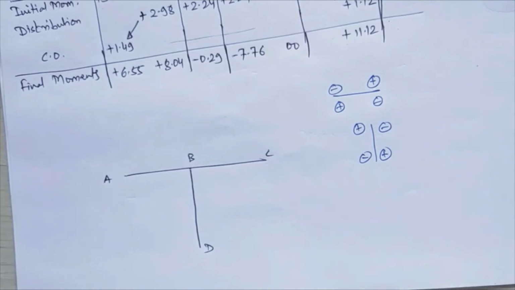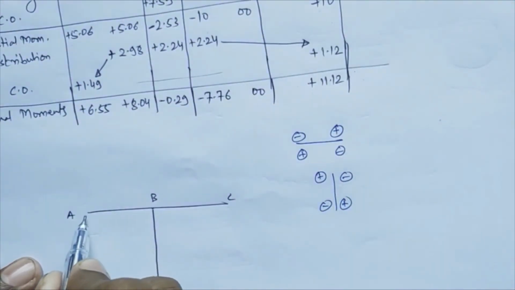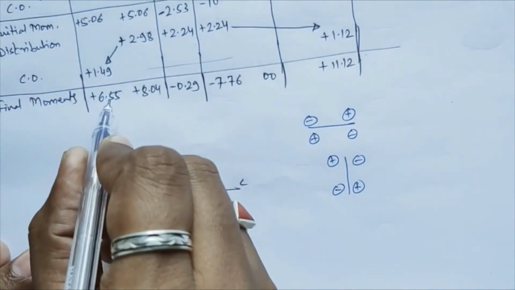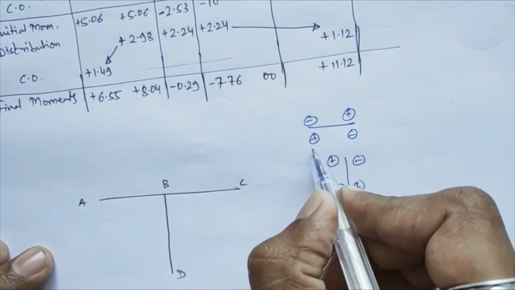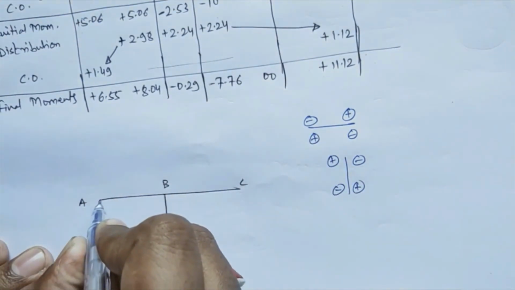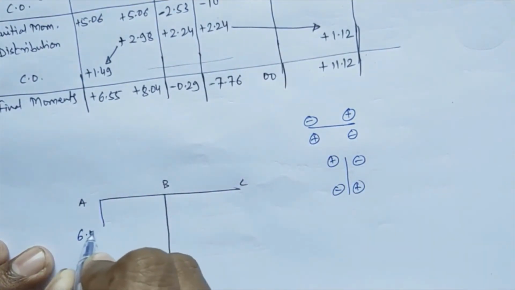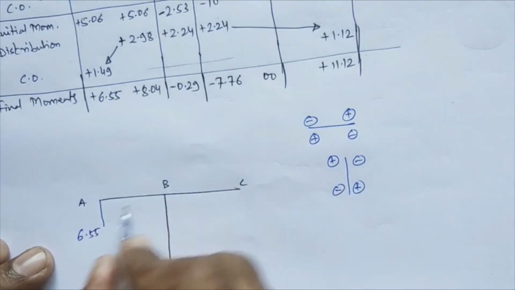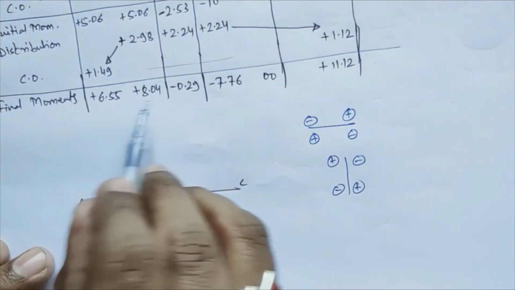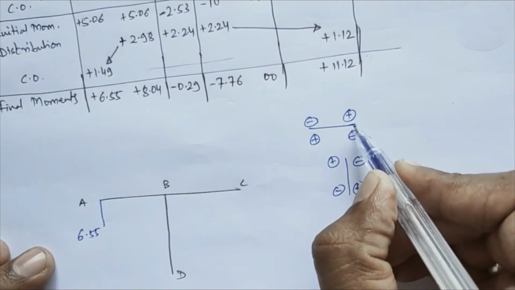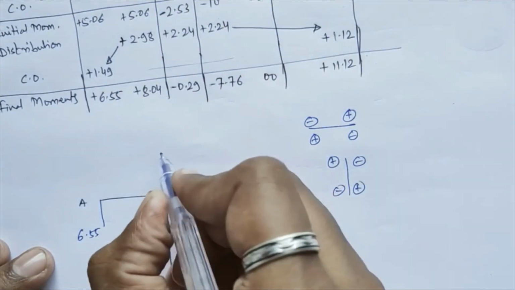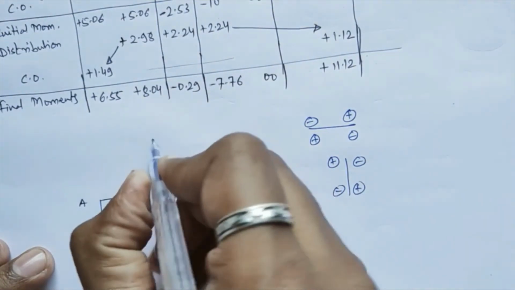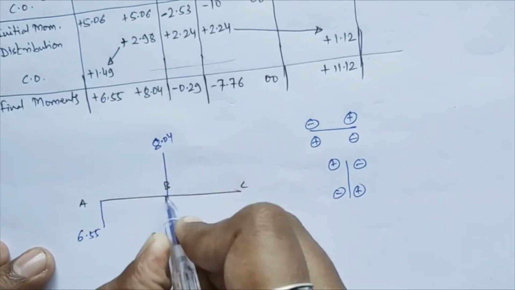First, for member AB, the vertical member, the AB moment is plus 6.55, positive, so it will be plotted on the downward side. Next, the BA moment is plus 8.04, again positive, so it will be plotted on the upward side.